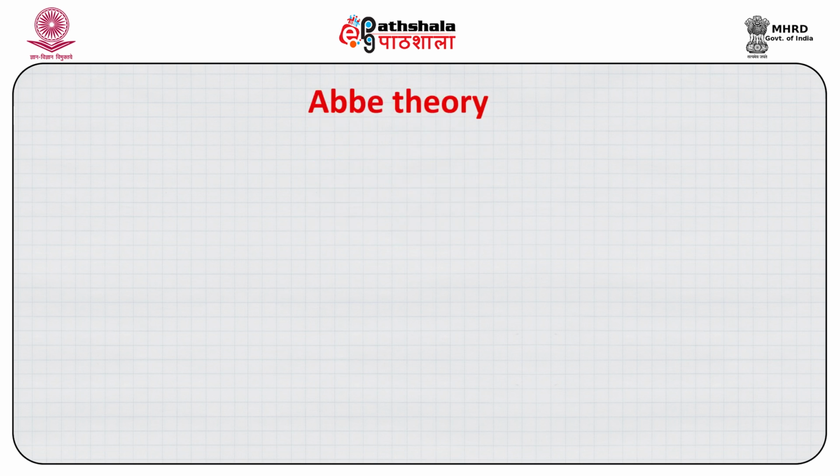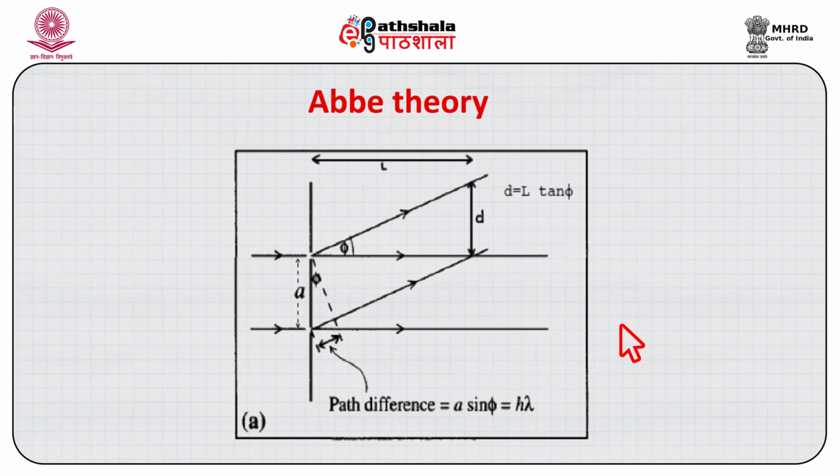Now, in this figure, we have a diffraction grating or an obstruction to light which allows the diffraction of light. The spacing between the two objects which cause scattering is small a, and the light is coming from this side and is getting diffracted. The angle of diffraction is phi here.